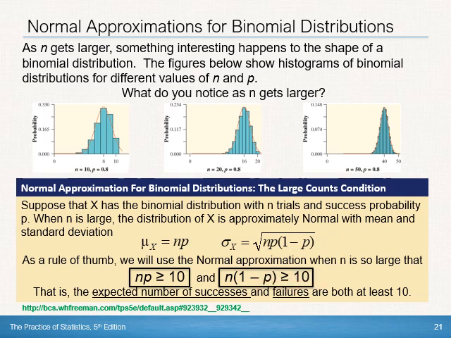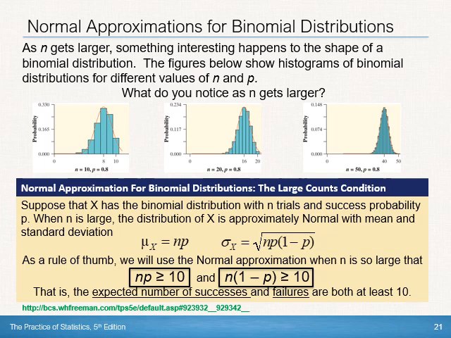So in order for both of these conditions to be satisfied, either n has to be really large, in which case if p is small, then the product is still going to be greater than 10, or p has to be close to 0.5. If p is close to 0.5, then 1 minus p will also be close to 0.5. And then n doesn't have to be so big.